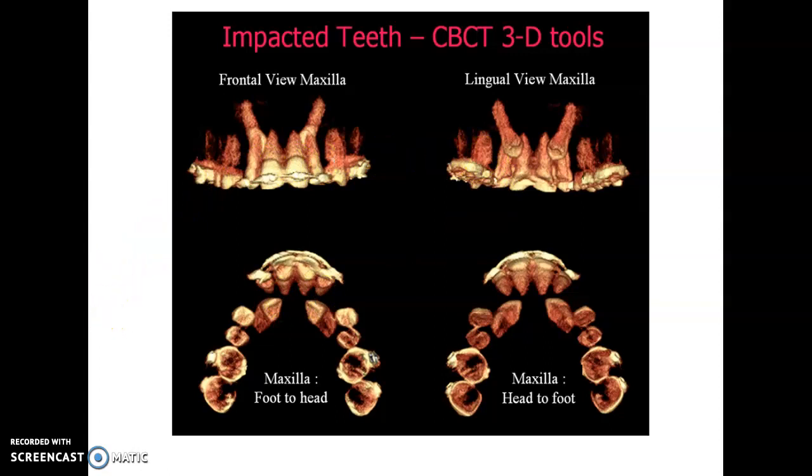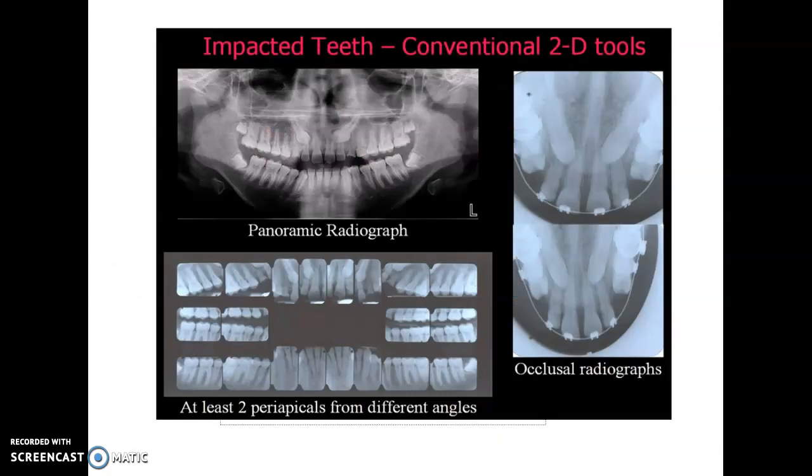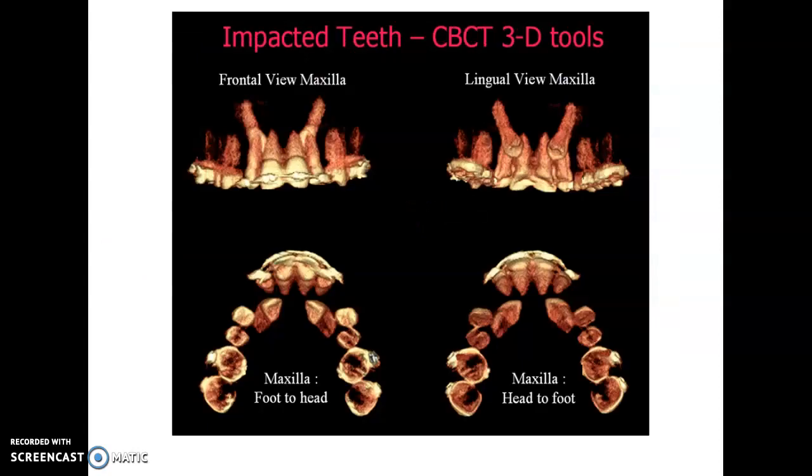But if you're trying to explain to mom why it costs so much to have those teeth extracted, or in this case, they're probably going to have severe orthodontic treatment involved, you can actually show where the tooth is sitting exactly, and that's easier to envision than the traditional images. If I could show 3D, this tooth needs to go here, this tooth needs to go here, much easier.